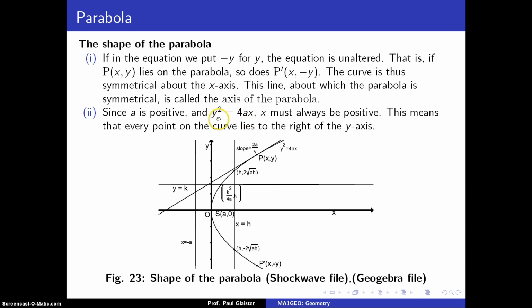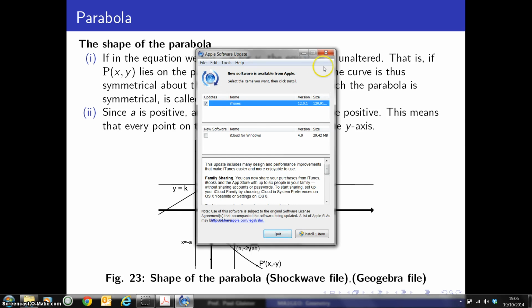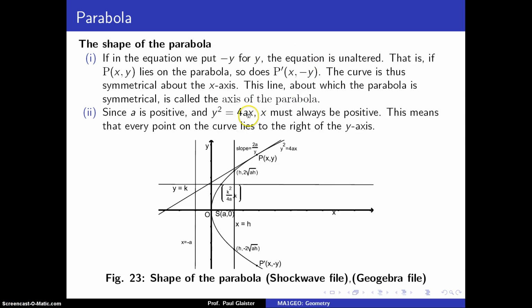We get 2y dy by dx is 4a. In other words, dy by dx is 2a over y. So as shown here, at any point P (x, y) on the parabola, the gradient of the tangent at that point is given by 2a over y, which we can obviously rewrite in terms of x by using this expression here.